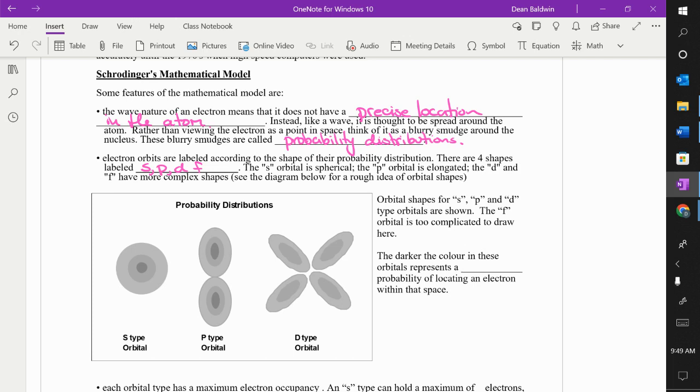The D orbitals have different shapes, but there's one of them there. The darker the color, the higher the probability of finding the electron there.